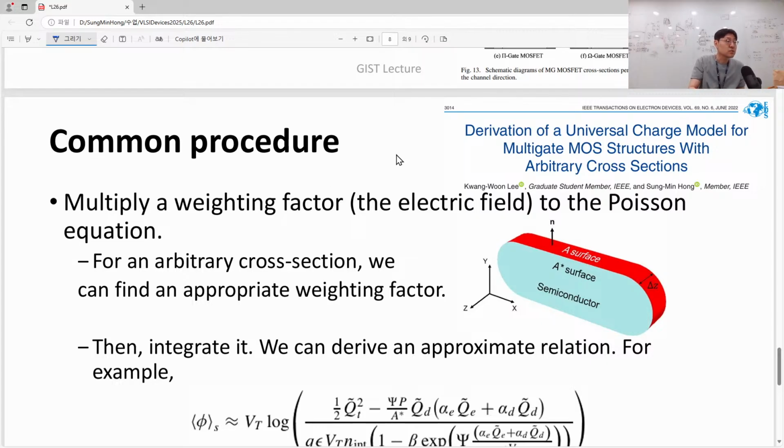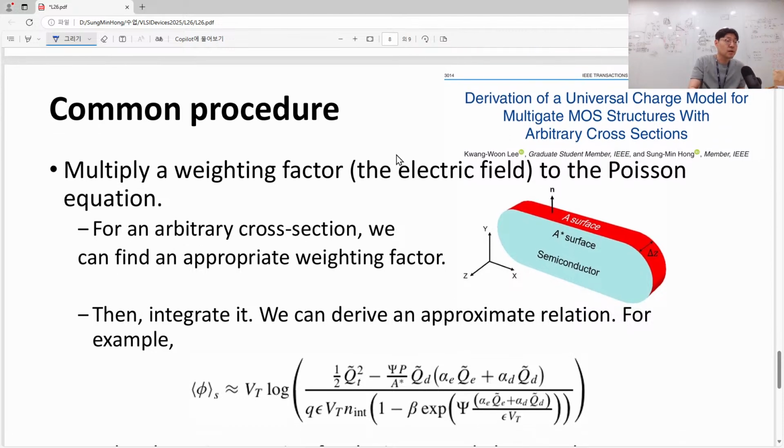So I just took some results from a publication written by Mr. Kwang Lee. Although this one just summarizes important results, please note that a similar attempt was initially reported by another author using the CMG model, the standard model for multi-gate MOSFET.